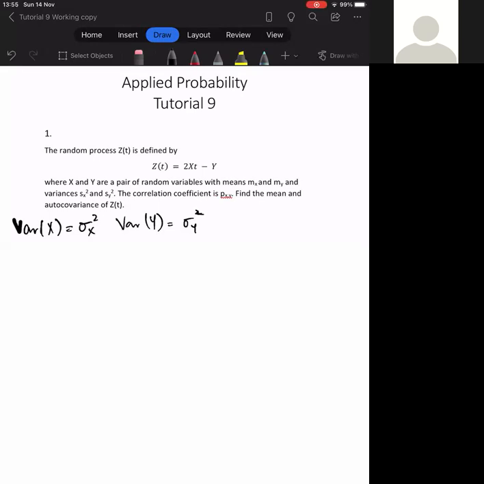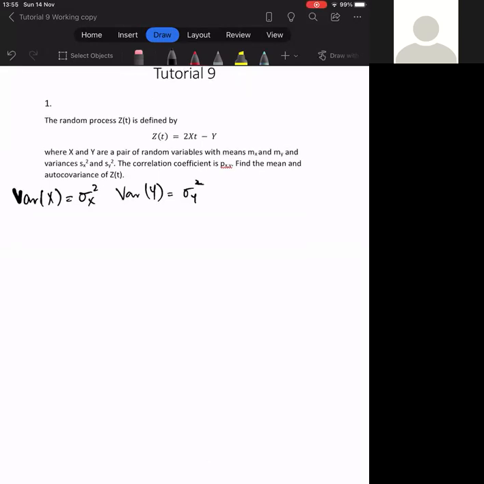So it's fairly simple. Let's find the expected value of Z of t, where Z of t is defined as 2Xt minus Y. The expectation of a sum of two random variables is the sum of their individual expectations.